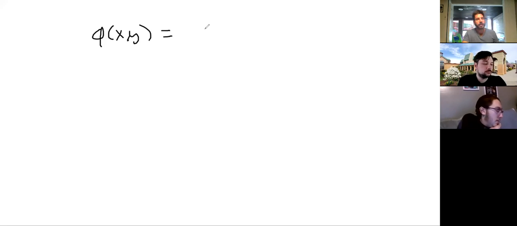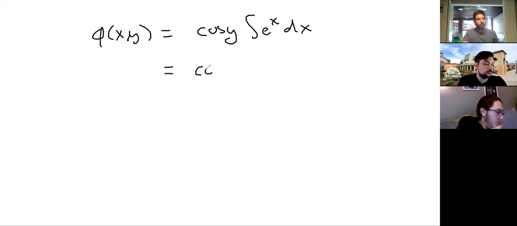Let's pull out the cosine y, because that's not needed in there. The integral of e to the x is just e to the x, but don't forget I have an arbitrary constant.